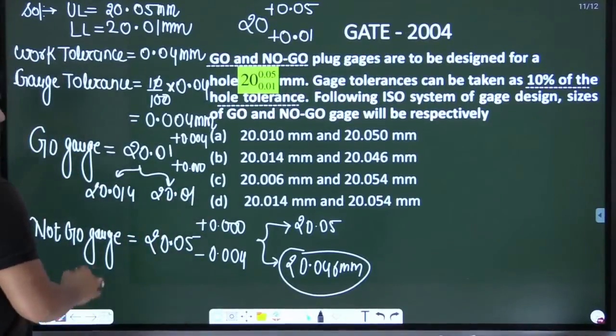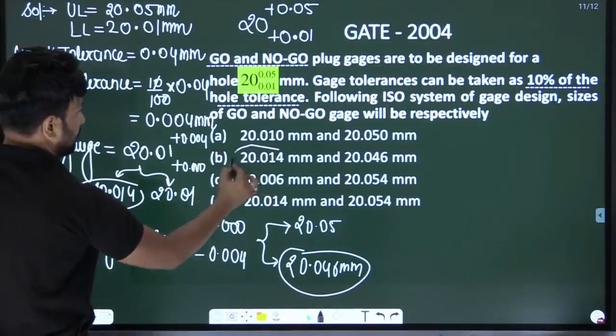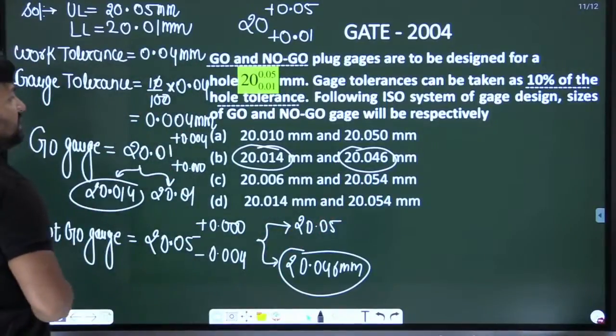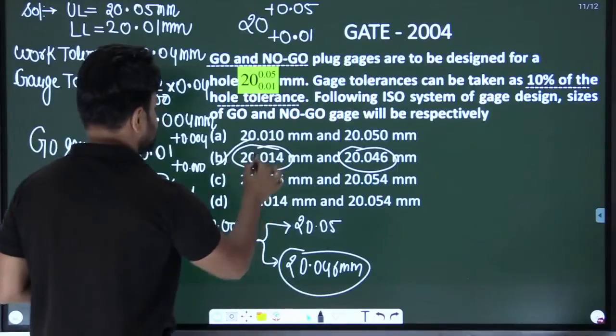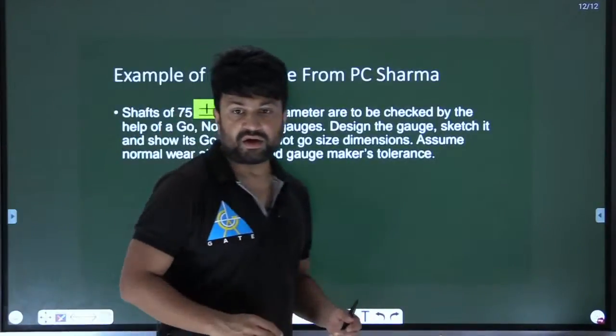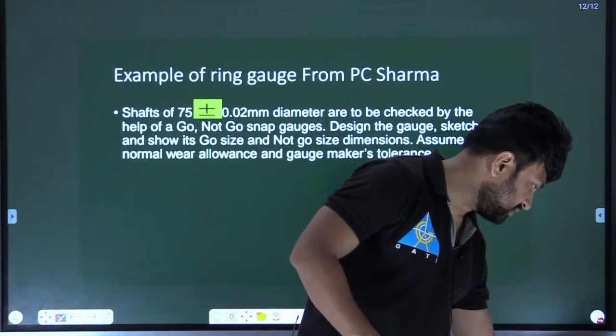So you have to tell 20.014 and 20.046, right? The design go and no go gauge will be these. So the answer is B. Your answer is B. Clear? I hope you understand the concept.